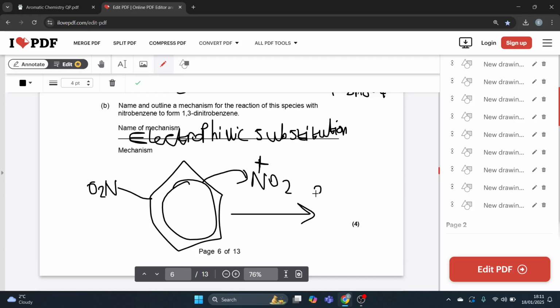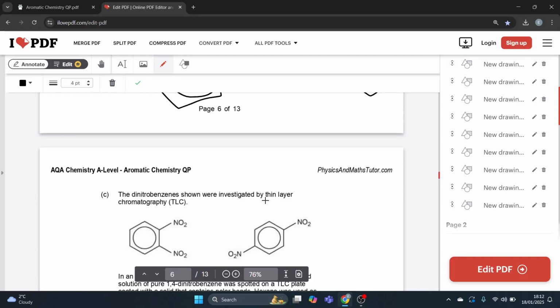And then you've got your O2N, which stays the same, and your partial horseshoe ring with the positive charge, and you've got your NO2 and a hydrogen now, in the middle, not on the positive charge, just there. Just how well you know your mechanisms.